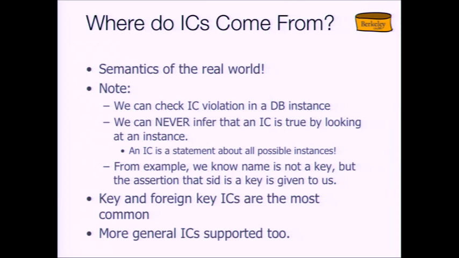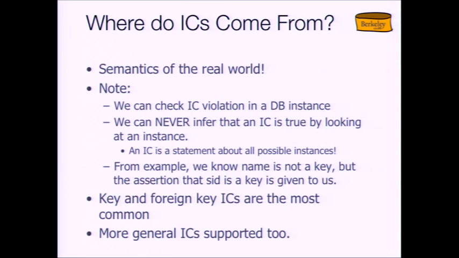If somebody hands you a bunch of data, you could look at it and check to see if the constraints were true. But what you can't do is look at an existing set of data and say with absolute certainty, here are all the integrity constraints that I know are true for all time.